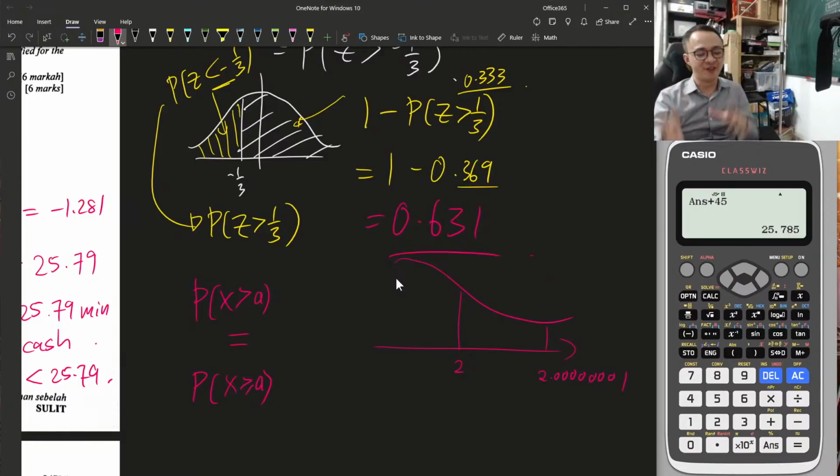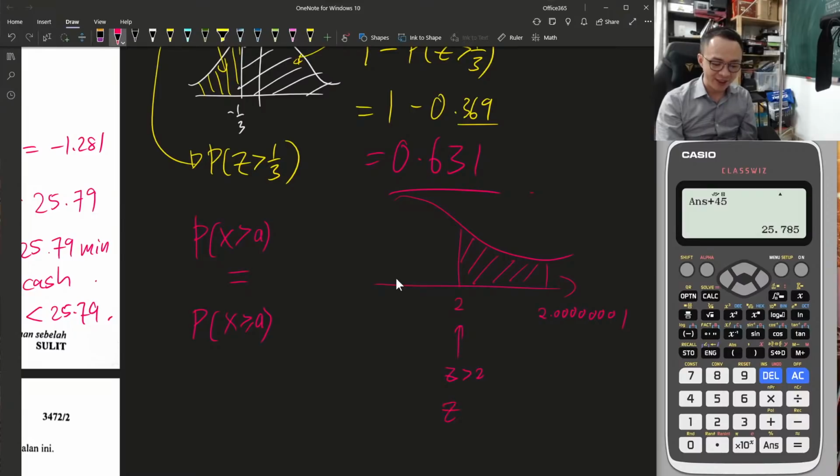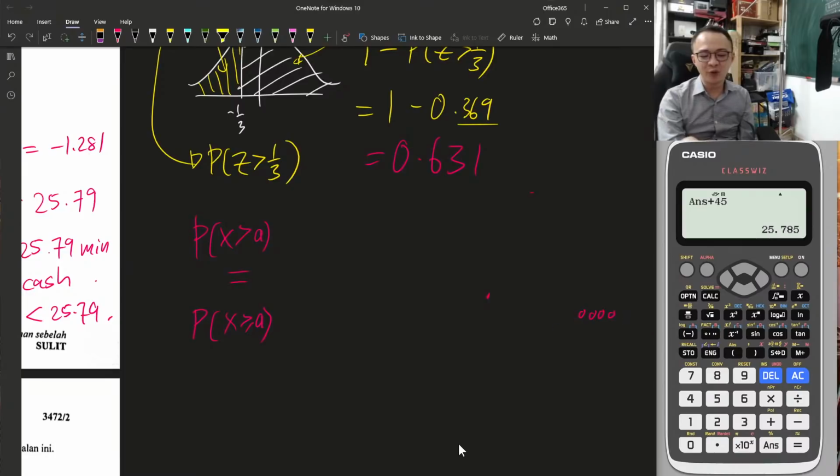Let's say I zoom in infinitely. So if this one, I can say z is bigger than 2, which is this area. Z is bigger than or equal to 2 is also this area, because here this one is 2.000000001, a lot of zeros. It depends on how many zeros I want to put. So therefore, for continuous data, with or without the equal sign, we'll just assume they are the same thing.